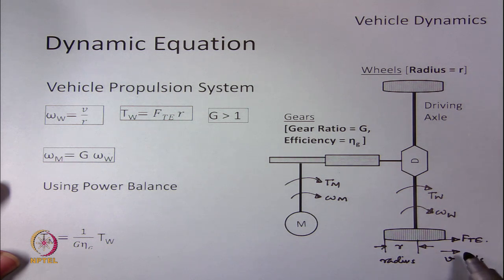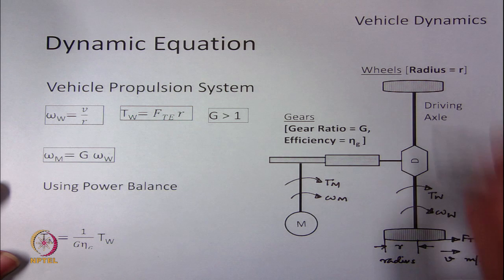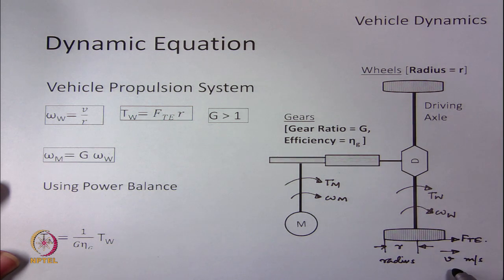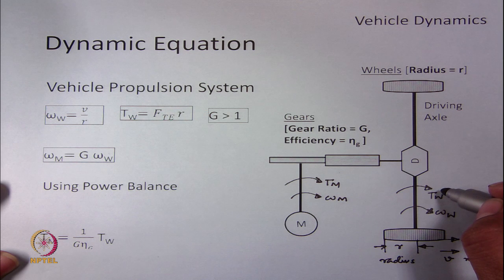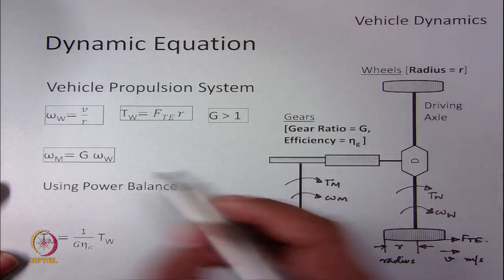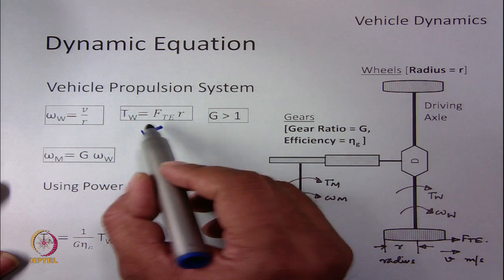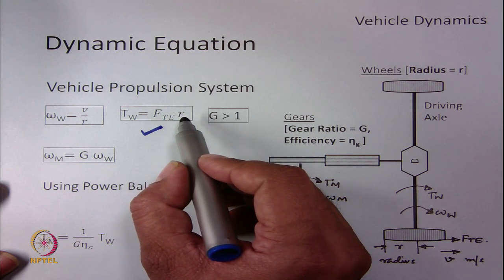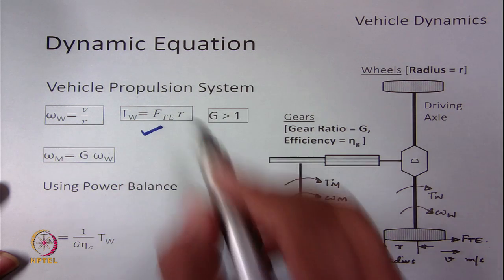So, if we assume that the vehicle is moving at a velocity of v meter per second under a tractive effort of FTE, then we can say that the torque on the driving axle, which is T wheel, is equal to Ft into R. This is a very simple relationship between force and torque.